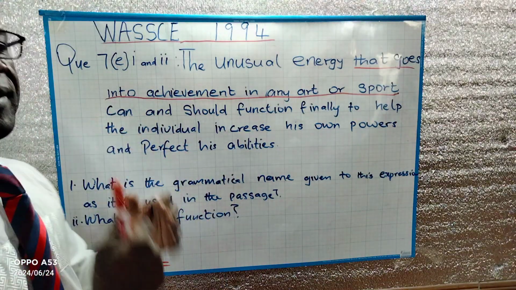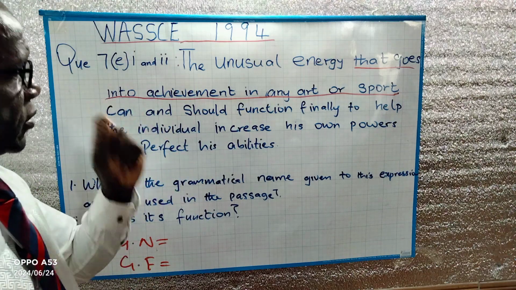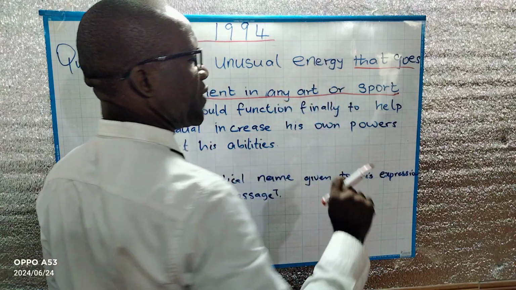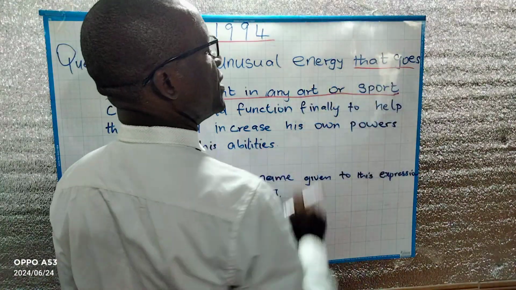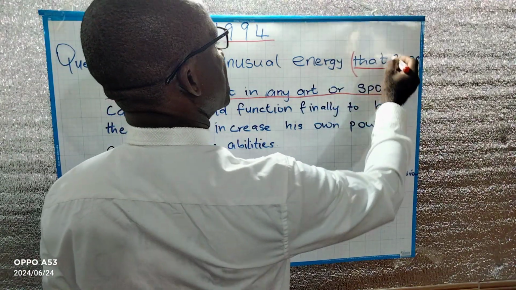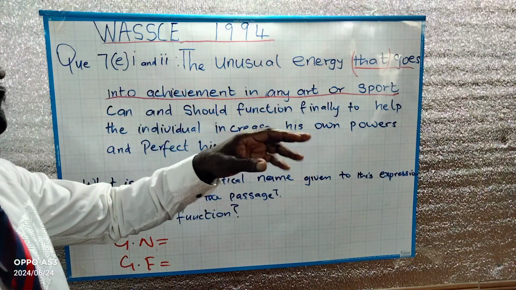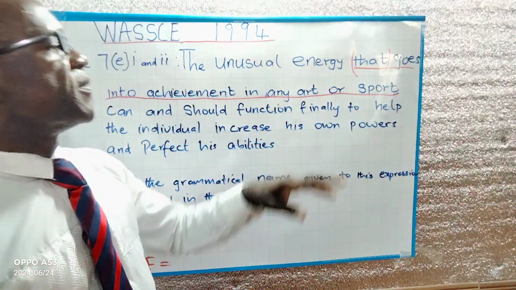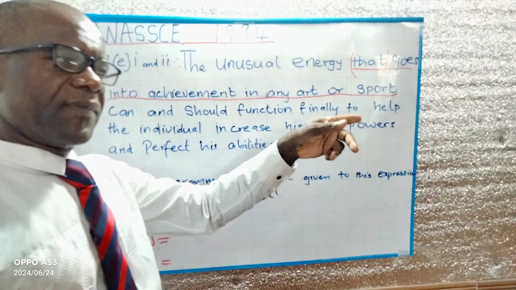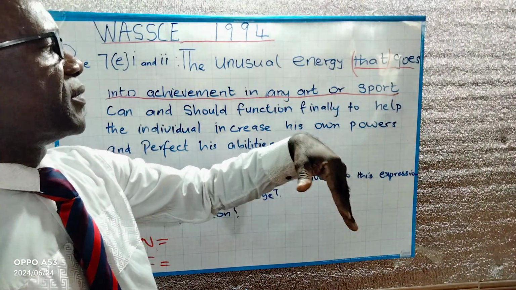Fine, let's apply our scientific approach in solving the question. As usual, the first test is to check for the markers. Of course, markers are the first elements in the underlying expression. And so in this case, we have "that" here as the first element. Now, we know from our previous videos that "that" belongs to two classes, that is the noun clauses and then the adjectival clauses.